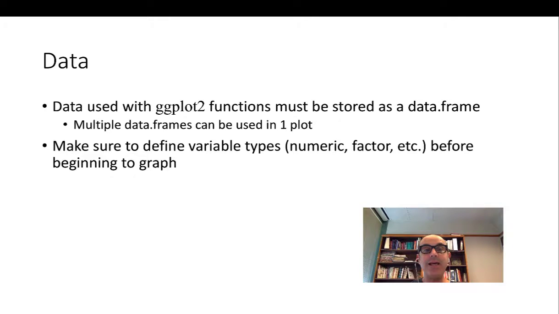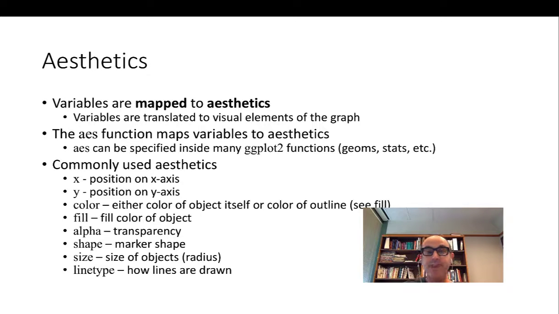And the idea here is that we can use multiple data frames in ggplot2 in order for us to display that. That is, define the variable types, which is the numeric, the factor, etc., beginning with the graph. The aesthetic is the variables that are mapped to aesthetics, which is the aesthetic function that maps the variable to convert them into visual display.